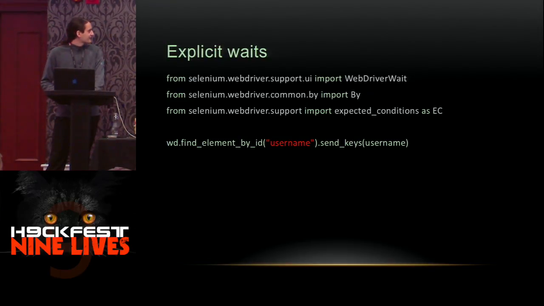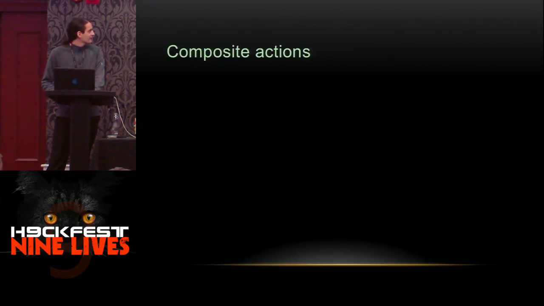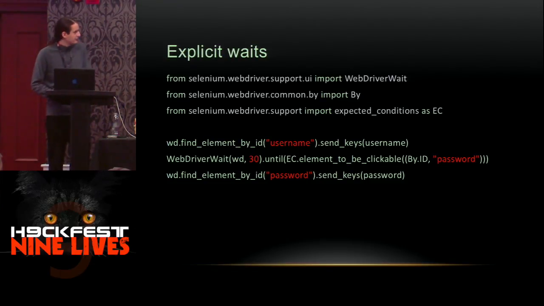I realize this is pretty ugly syntax. The good news, though, is that it's really kind of a one-trick pony here. You'll notice you're calling WebDriver wait with WD as an argument. It's not a method of WD. And then you wait until the expected condition element is clickable by ID.